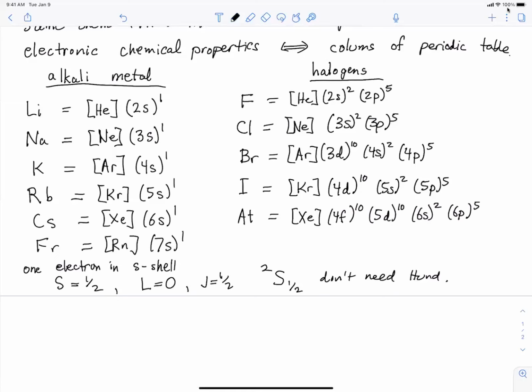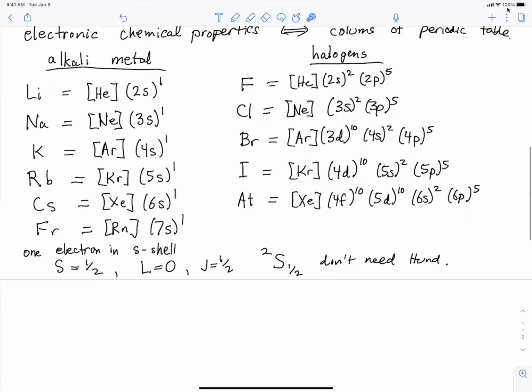So just like for the alkali metals, if we look at this spectroscopic term notation, the only thing that's going to matter is the p5, the np electrons in each case. All the rest of this stuff doesn't matter when you're trying to figure out what the angular momentum is. So we just ignore all those things.